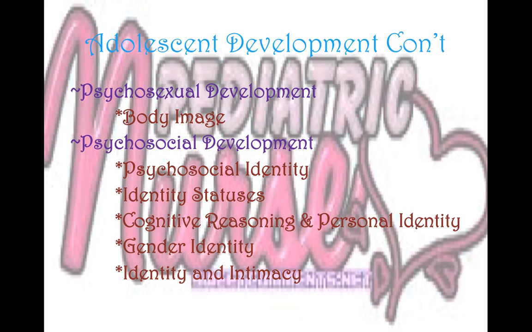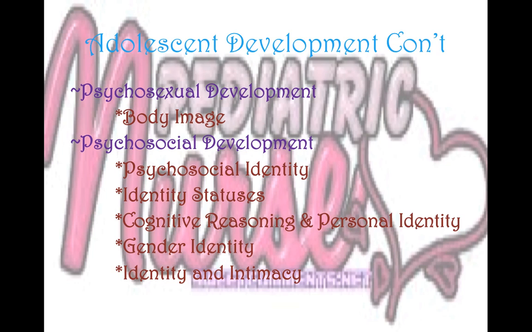With that being said, we will look at cognitive reasoning and personal identity. An important part of adolescents' ability to develop personal identity is their capacity to think in more complex and abstract ways, allowing them to consider the more psychological characteristics that define them.